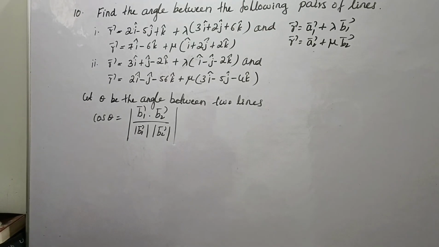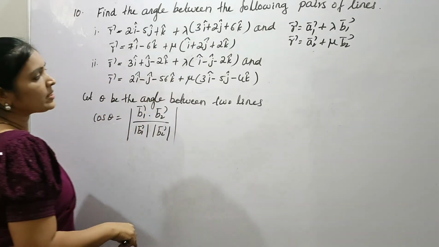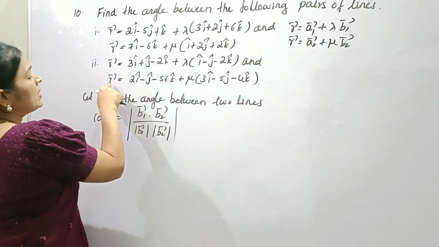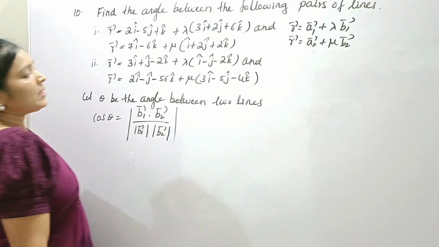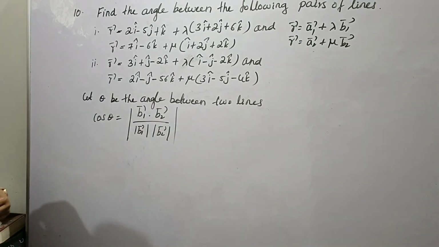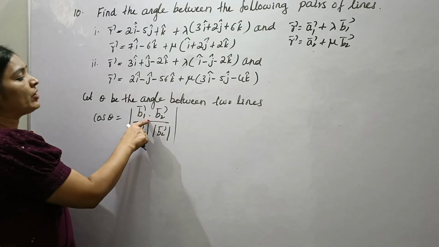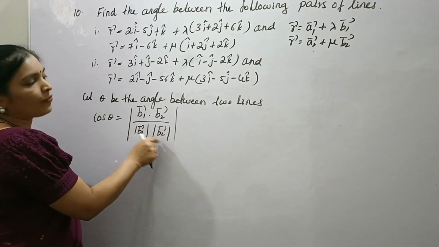Now let's find the angle between the next two lines. Here also the given equations are of the form vector r is equal to vector a1 plus lambda vector b1, and vector r is equal to vector a2 plus mu vector b2. Let theta be the angle between these two lines. Then cos theta is equal to modulus of vector b1 dot vector b2 divided by modulus of vector b1 into modulus of vector b2.